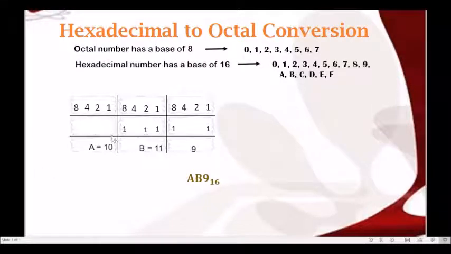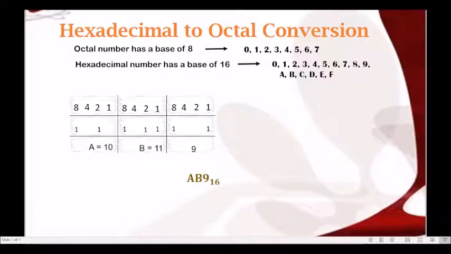And for the next group, since our hexadecimal digit is A, or it is equivalent to 10, then we are going to put 1 under 2 and 8. So that when we add 8 and 2, the sum will be this hexadecimal digit. And then, for those indexes which do not have 1 under them, we are going to put 0.